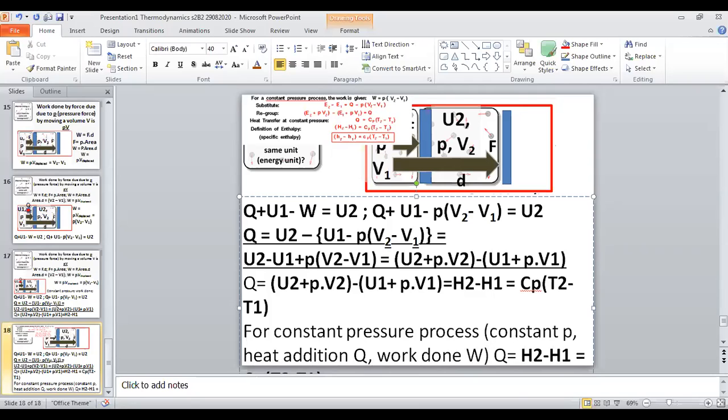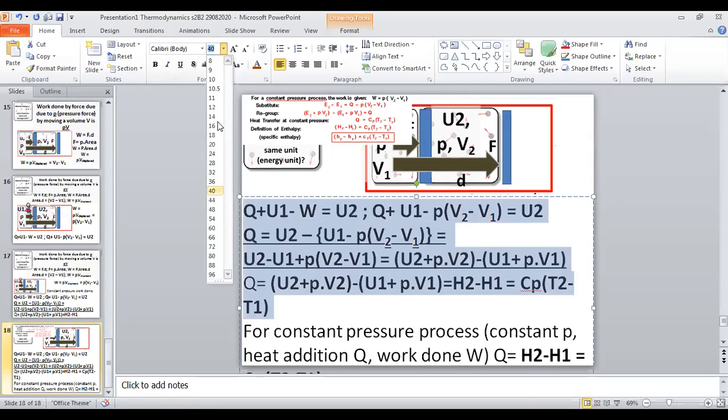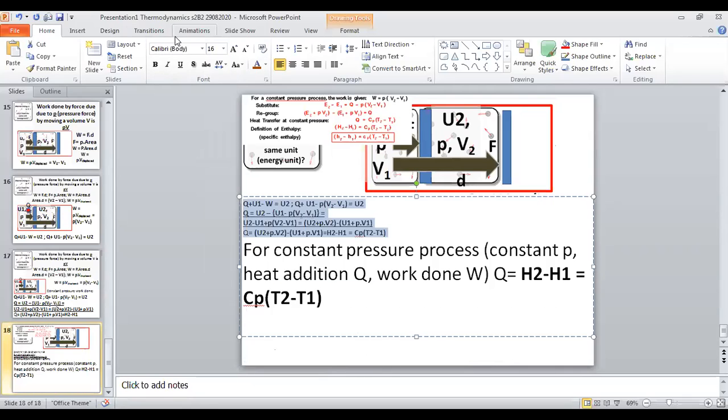Okay, all three situations. At constant P, when there is heat addition, sure there should be some expansion. Expansion is work done. That is very important. So the constant pressure process you should know now.